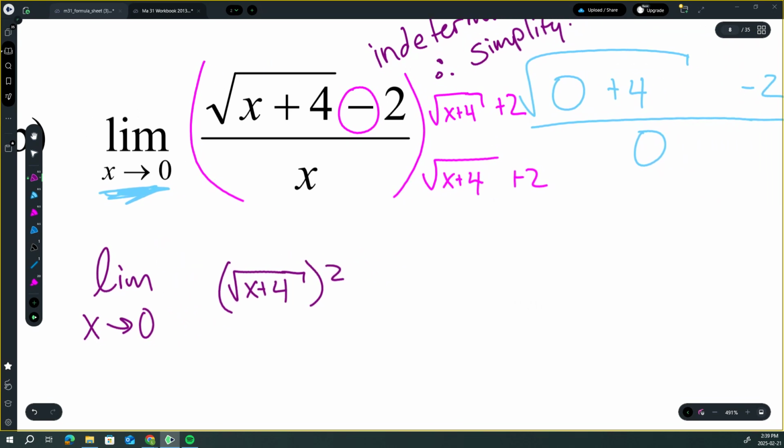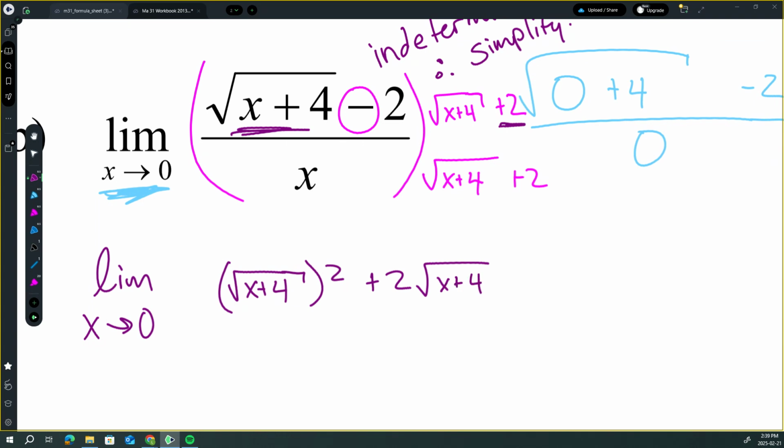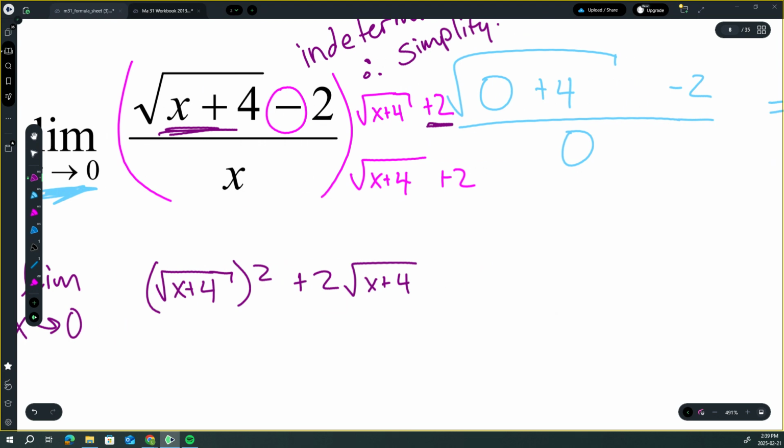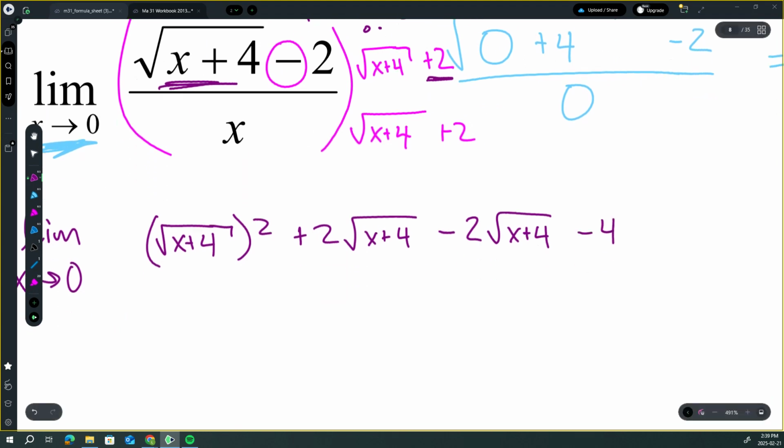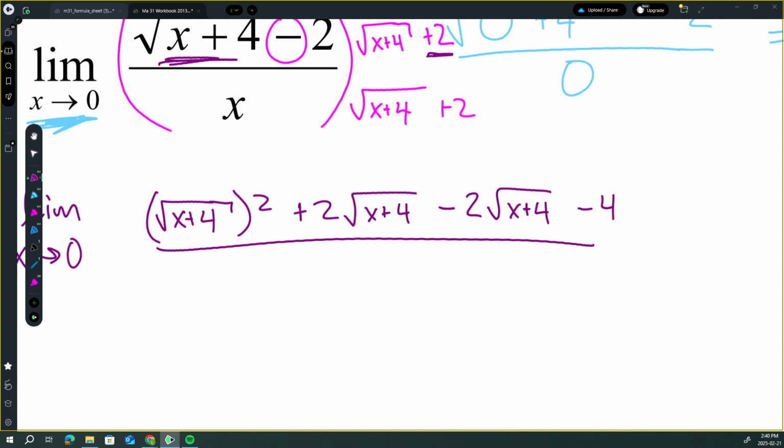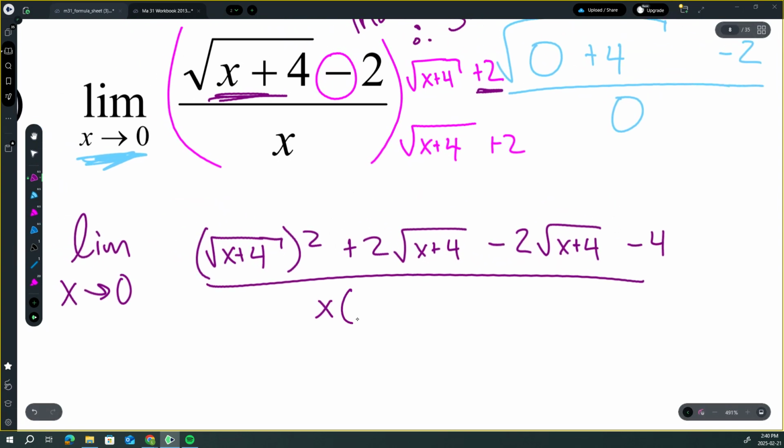So square root of x plus 4 squared, because this times this can just be square root of x plus 4 squared. Okay. Now this times this is going to be plus 2 times the square root of x plus 4 minus 2 times square root of x plus 4 minus 4, divided by x times the square root of x plus 4 plus 2.